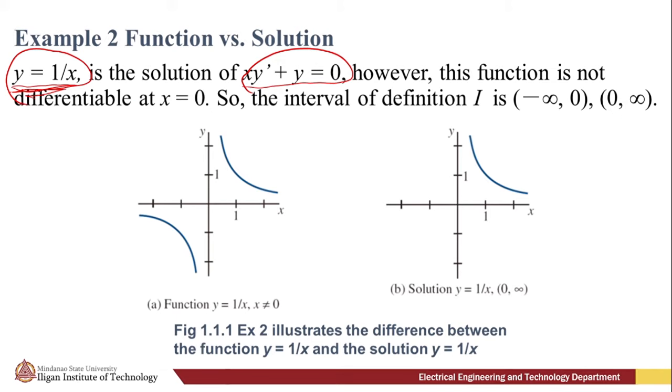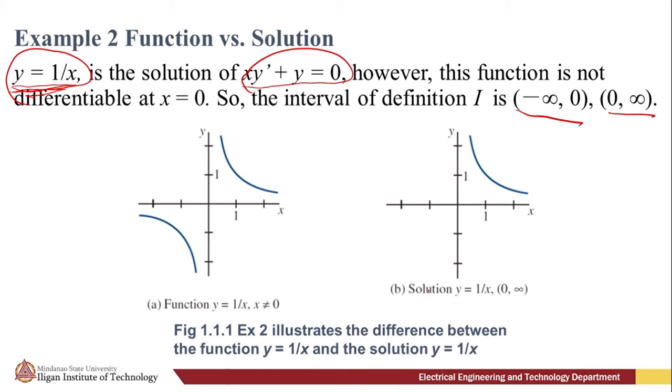So, if we compare the curve or the graph of the function y equals 1 over x, we have this graph as function y equals 1 over x where x is not equal to 0. Then if we are going to treat it as a solution for a differential equation, we can choose either one of the intervals from negative infinity to 0 or from 0 to positive infinity.